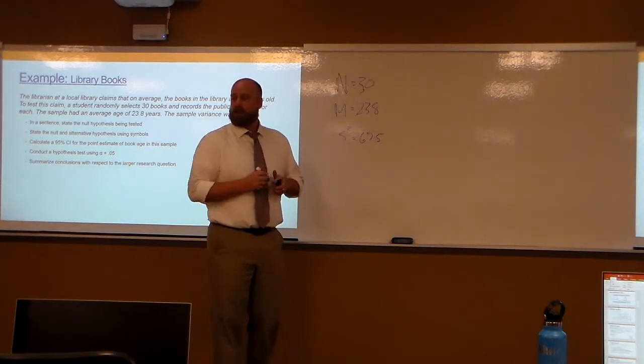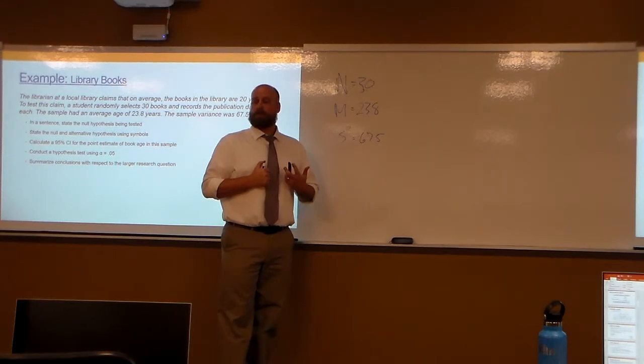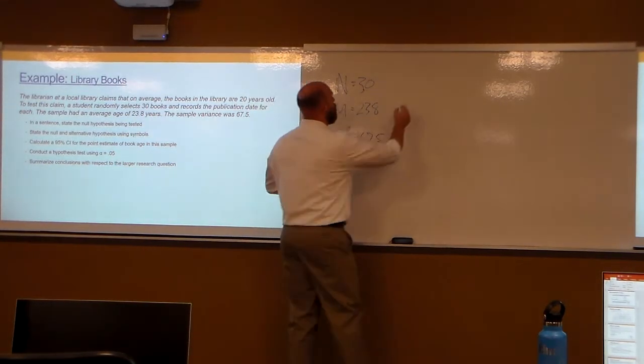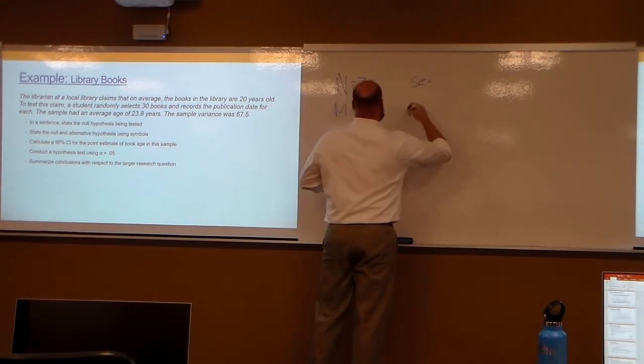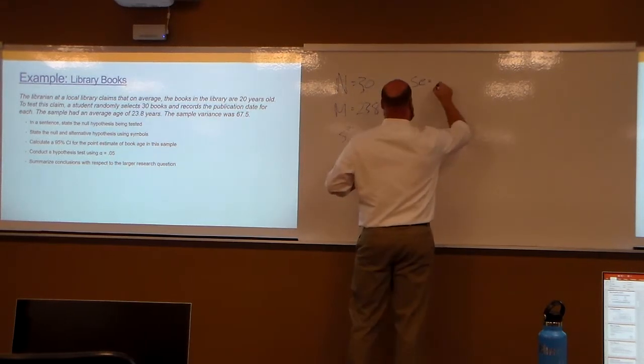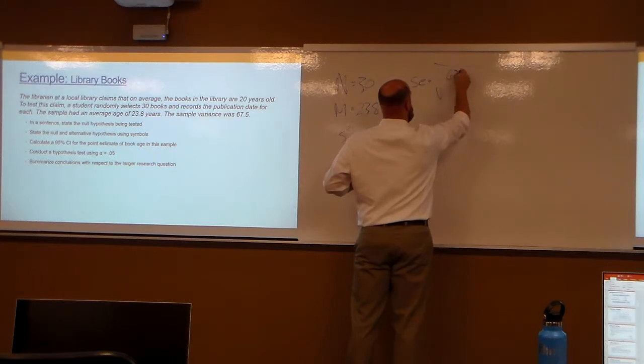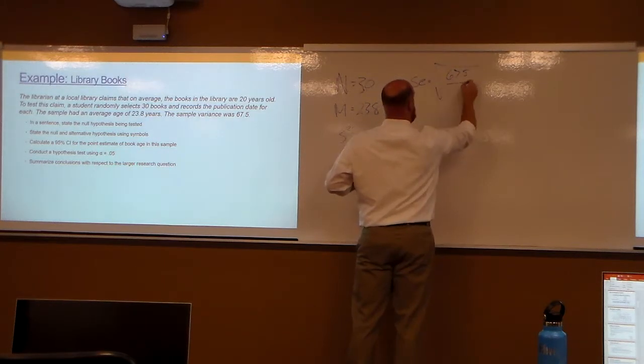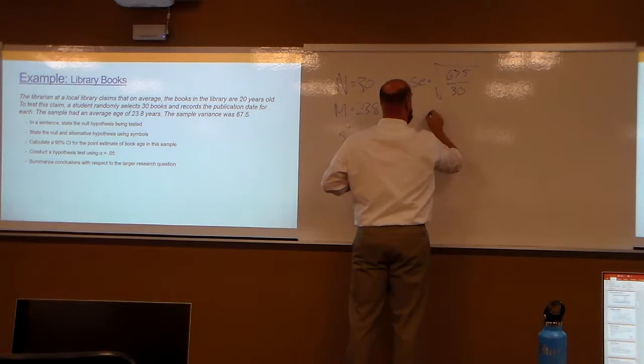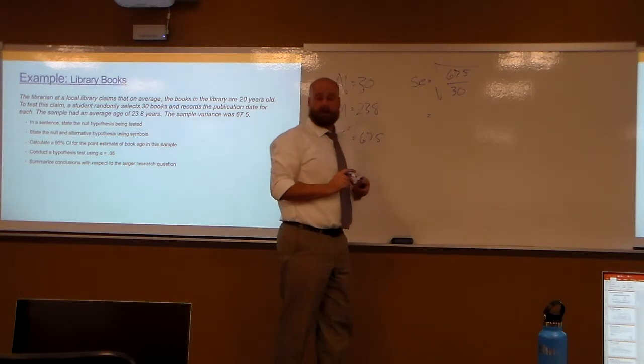What do I need to do first to calculate my confidence interval? Calculate my standard error. So my standard error is going to be, someone get their calculators out, the square root of 67.5 over 30. Someone tell me what my standard error is here.